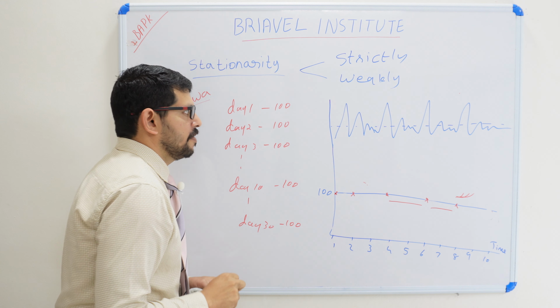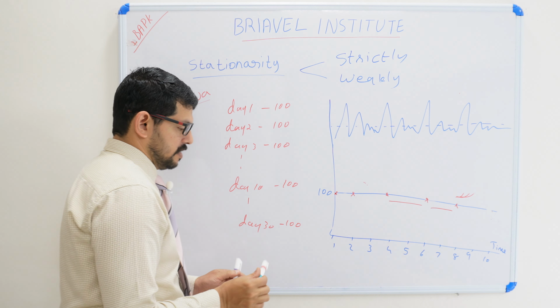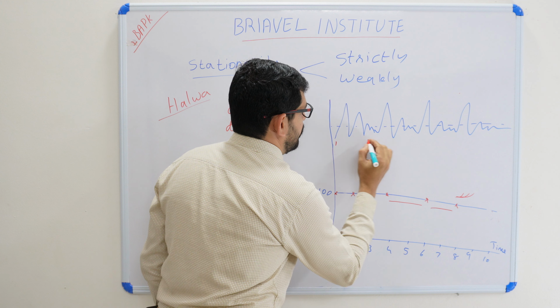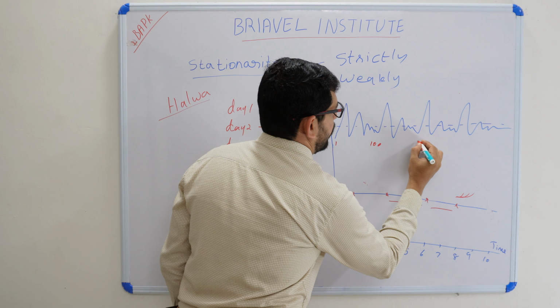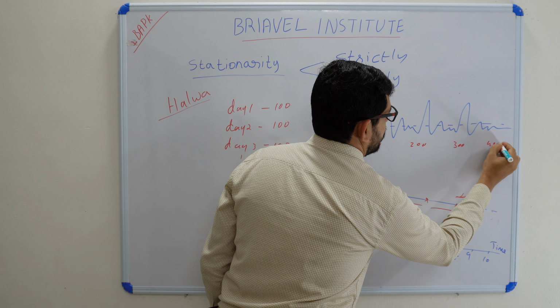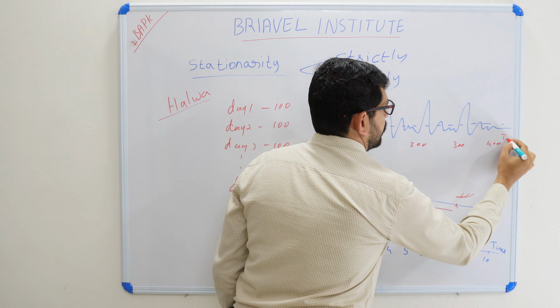If you take its statistical properties, the time intervals will be 1 to 100, then 200, 300, 400. The time is going like that.